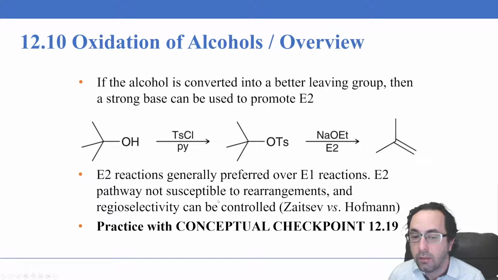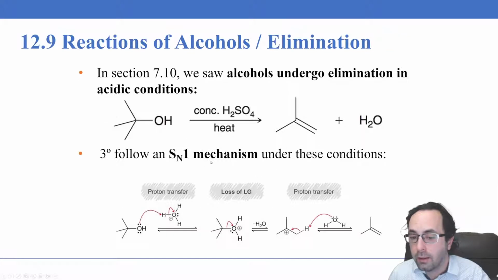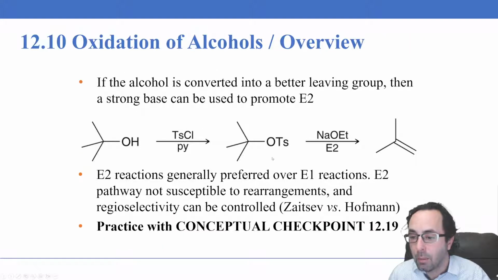If we want to do an E2, what we probably want to do is make the alcohol a good leaving group first. So we'll react it with tosyl chloride, make it a tosylate, and then we can use a strong base and do an E2 reaction. Because remember here, the acid allows us to protonate the alcohol and make it into a good leaving group. But if we're reacting with a base, the base is not going to protonate the alcohol.